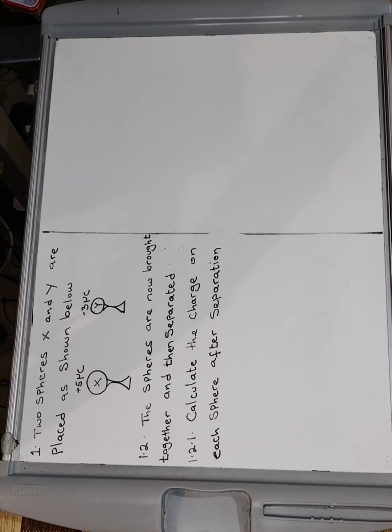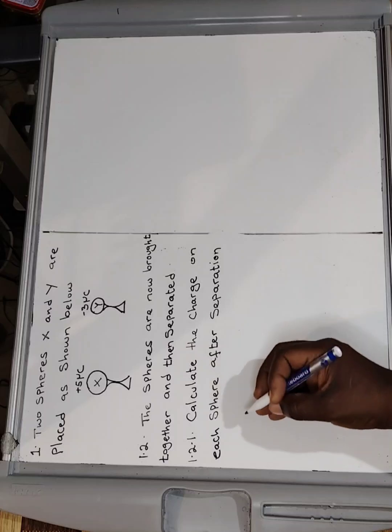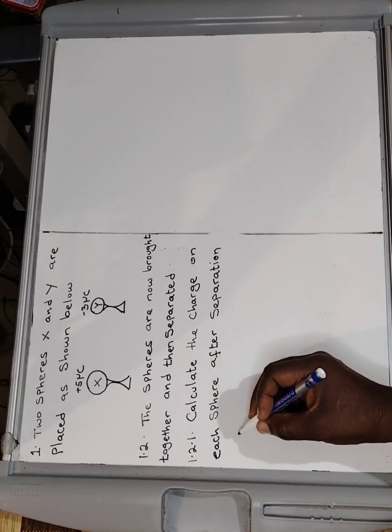So how do you go about this one? In this case, we use the principle or the law of conservation of charge. What does it say? That the total charge in a closed system is conserved or remains constant. So there is no loss of charge here.